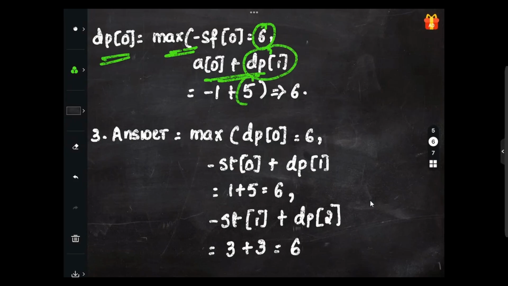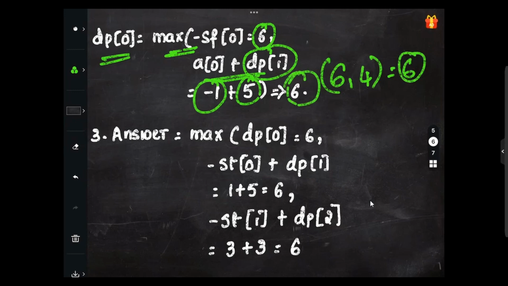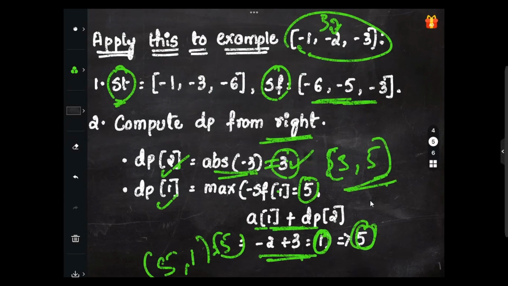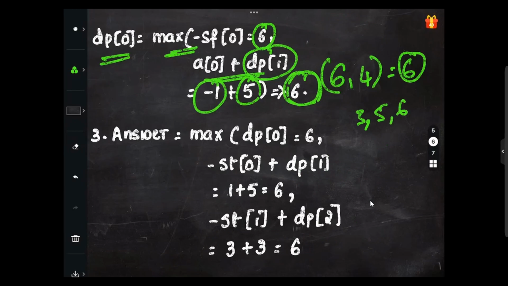So minus 1 plus 5 will lead to 4, so max of 6 comma 4 will consider 6 here. This one will be going with a 6. Basically we got 3, 5 and 6, right? Yep, 3, 5 and 6.